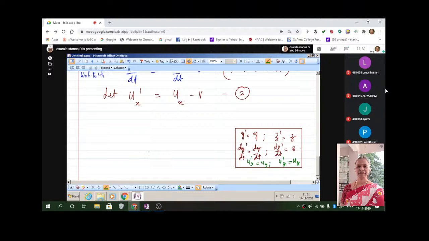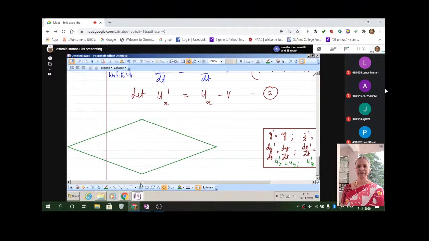So, what do you conclude from this? We conclude that ux dashed is equal to ux minus v, uy dashed is equal to uy, uz dashed is equal to uz.